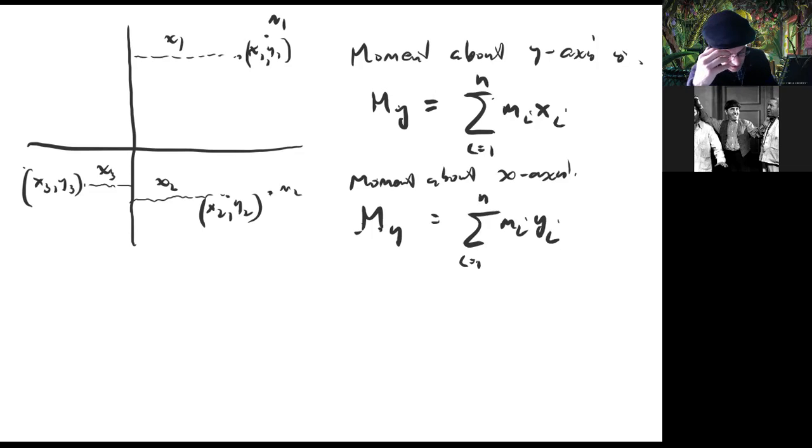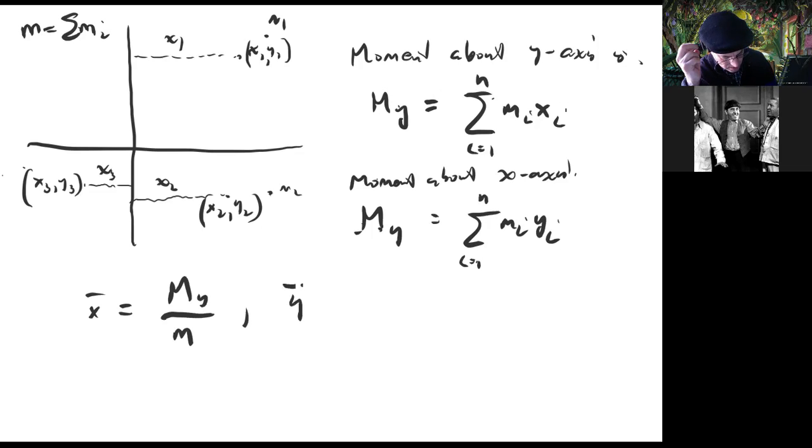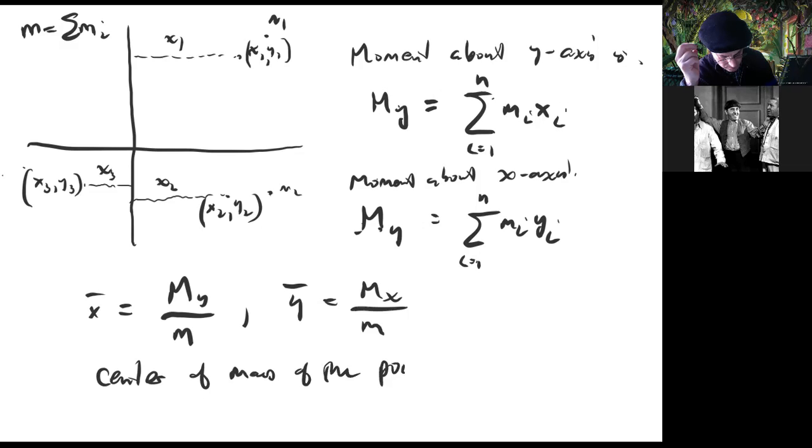Okay, so from this we get the equation that x bar is equal to M sub y over the mass M. M, again, recall, is the summation of the mi's, and y bar is M sub x over M. Okay, so this gives you the so-called centroid of the points, or the center of mass of the points. So that's x bar, y bar.